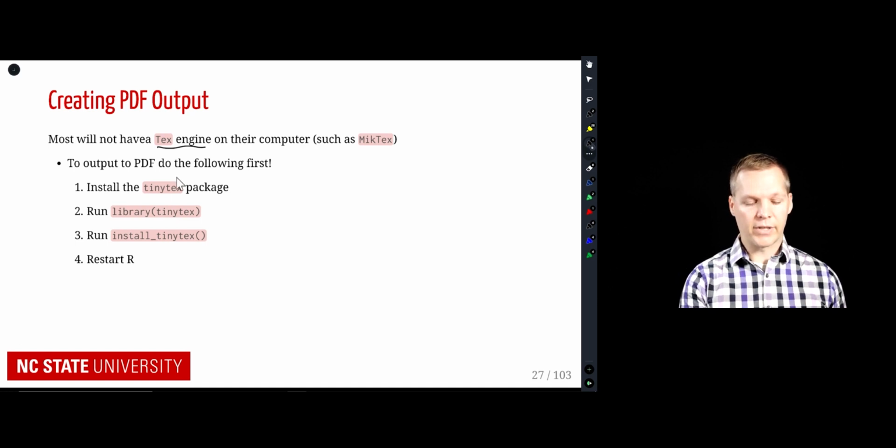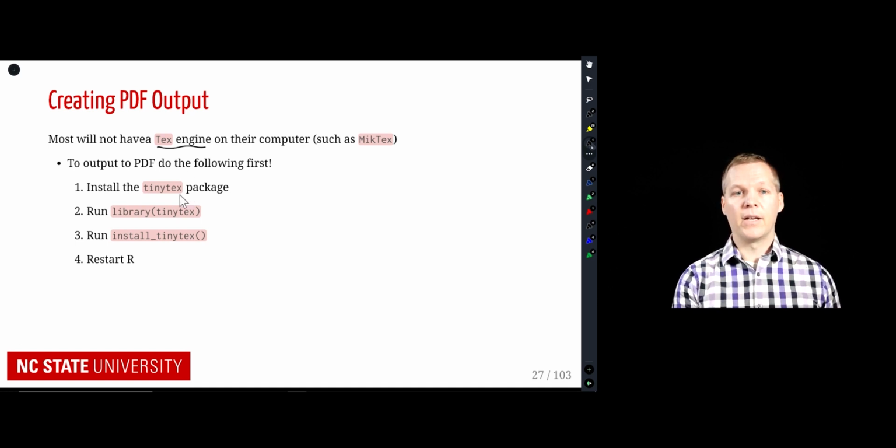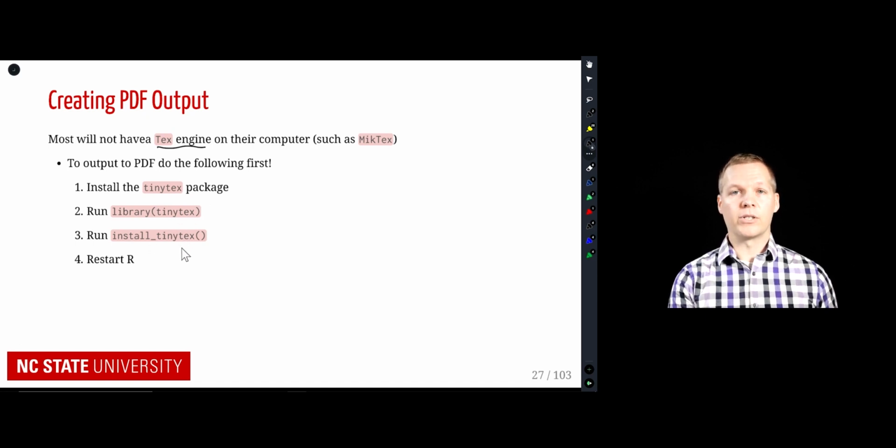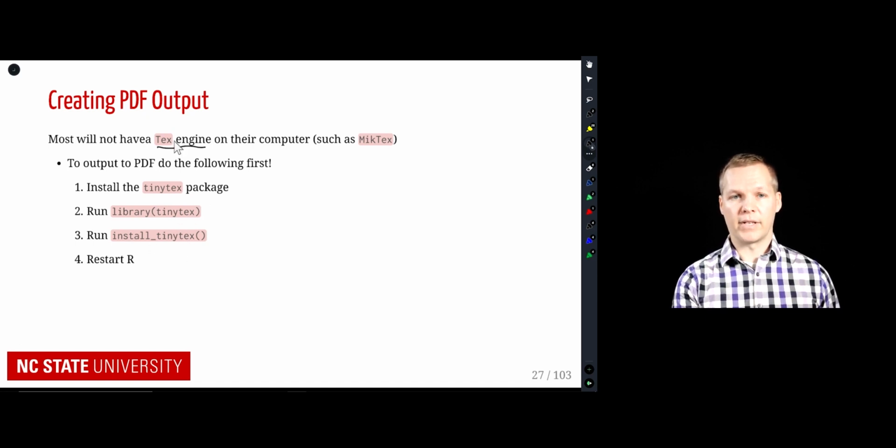Well, you install the tinytex package first. The tinytex package has a function called install_tinytex, which will install a very small version of a TeX engine for you. So there's a 4-step process here to get you able to create PDF documents if you don't have a TeX engine already on your computer. If you don't know what a TeX engine is, you probably don't have it, so you'd want to go through this process.